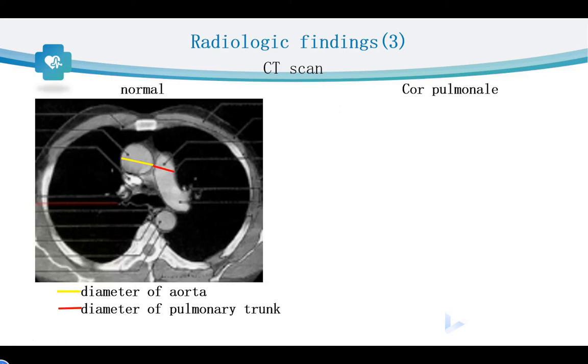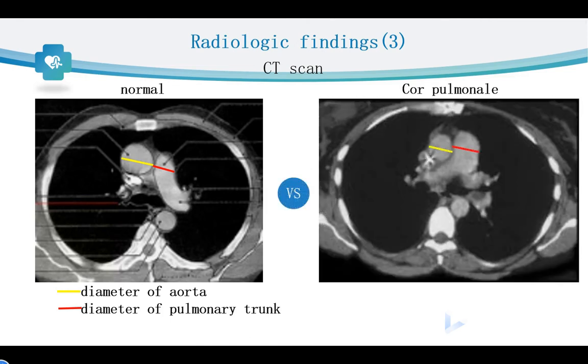And now let's look at the CT scan for the patients with cor pulmonale. Here shows the aorta, and here shows the pulmonary trunk, the left pulmonary artery, and the right pulmonary artery.